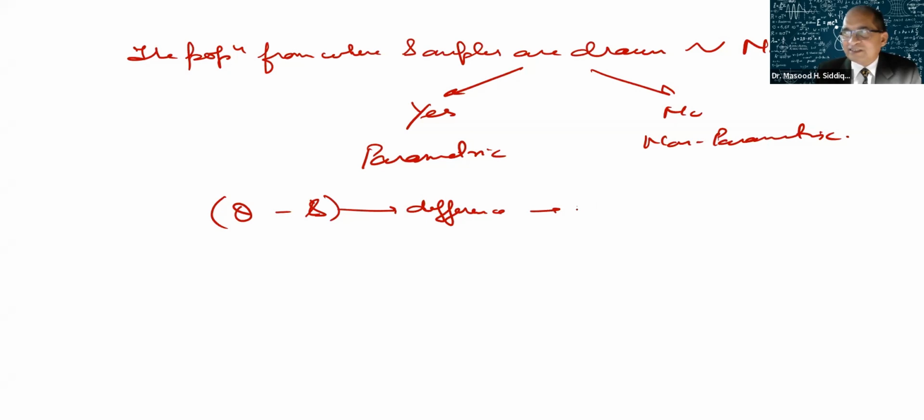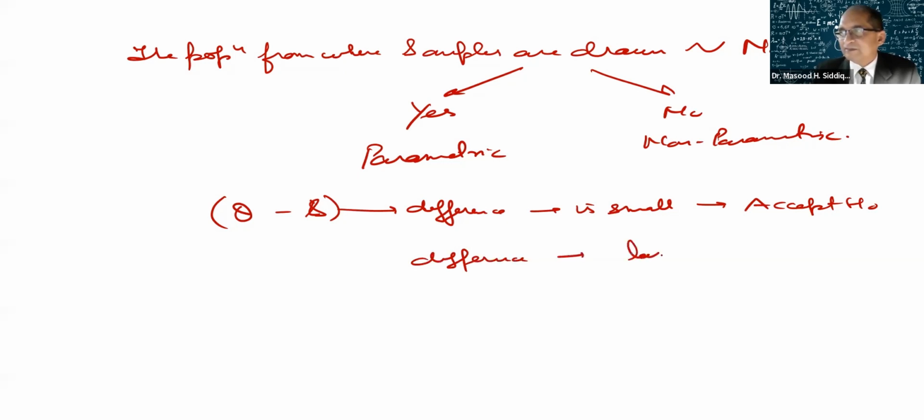If this difference is small, right, then both can be taken as the same. So we can say that we accept H naught. We don't reject H naught. But if this difference is large, then we can say that they are not the same. So we reject H naught.